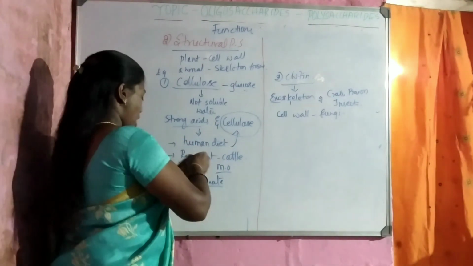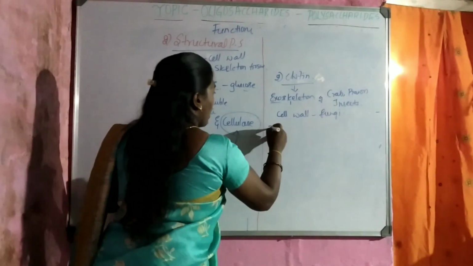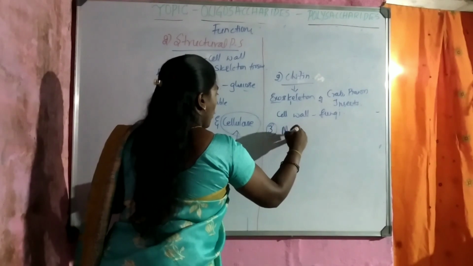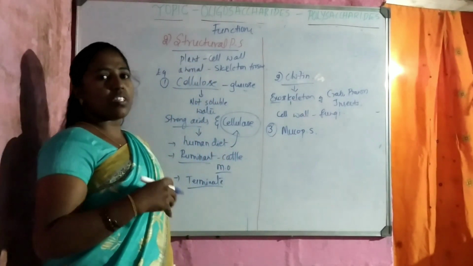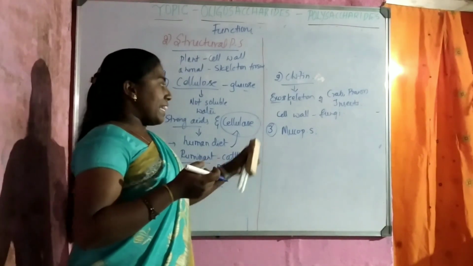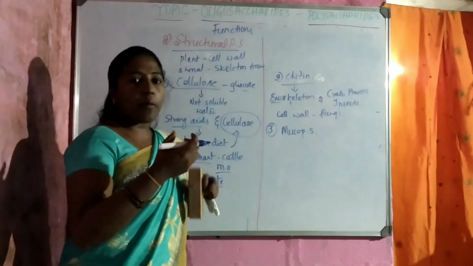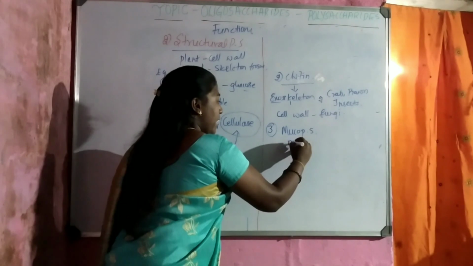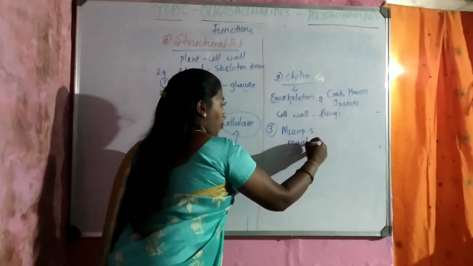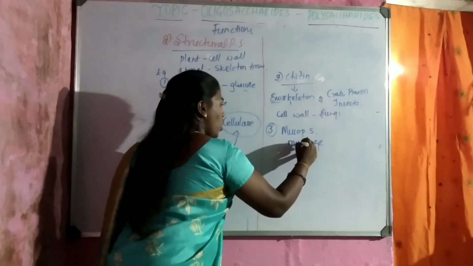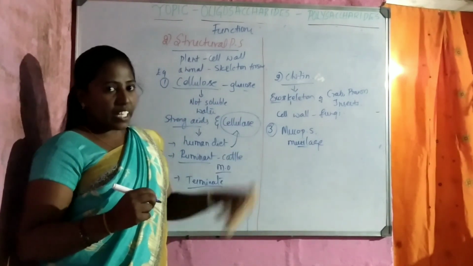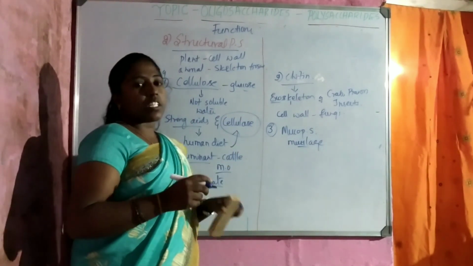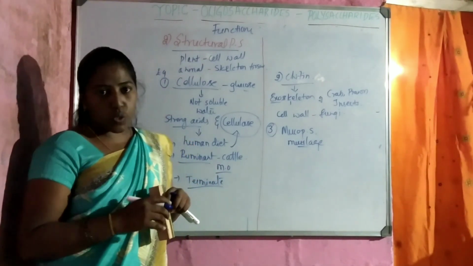The last one is mucopolysaccharide. The third type is mucopolysaccharide. As the term suggests, mucus. These are the polysaccharides which form a mucilage-like substance, and we call them mucopolysaccharides. They have various functions.